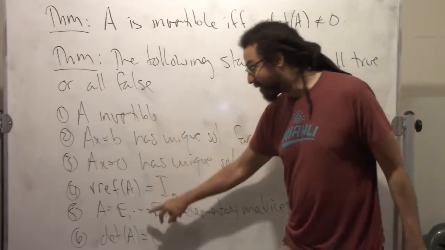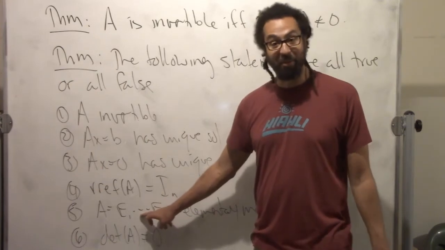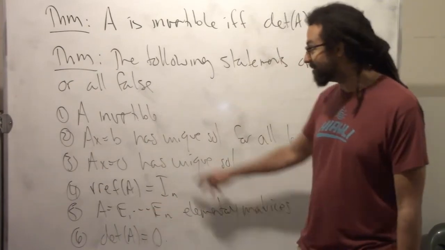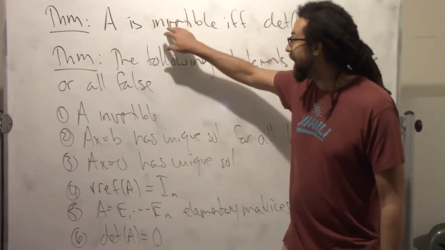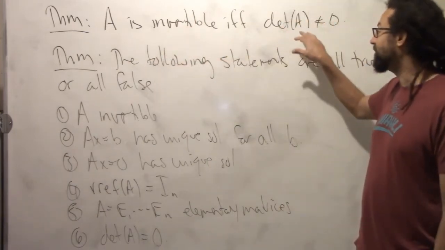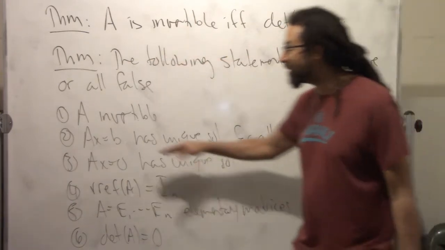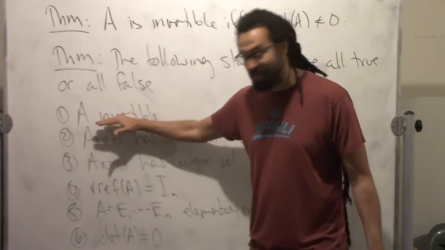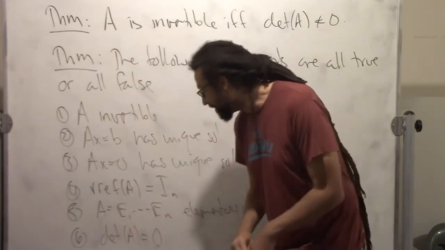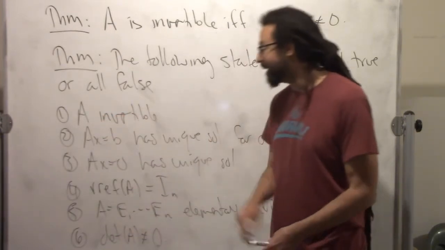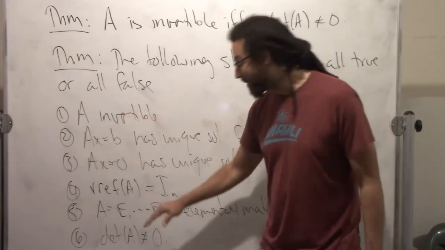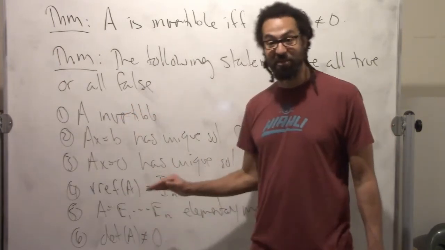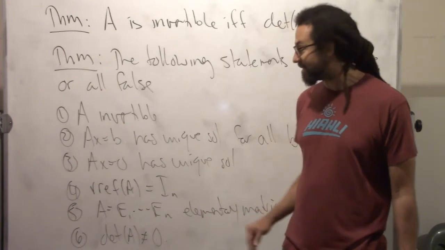If it's not invertible, then A cannot be written as a product of elementary matrices. And then finally, this theorem: A is invertible if and only if the determinant of A is not 0. In other words, if A is invertible, then the determinant is not equal to 0. If A is not invertible, that means the determinant is equal to 0. So definitely want to memorize that.